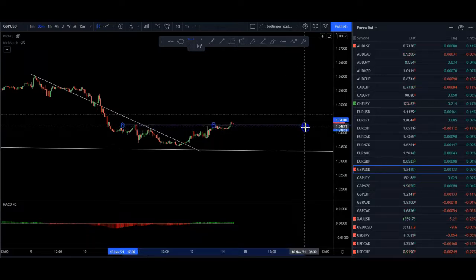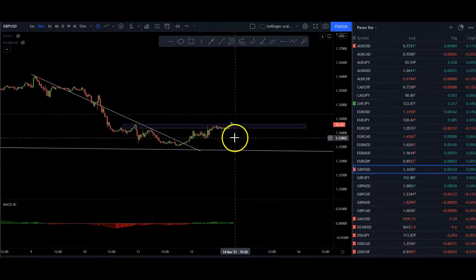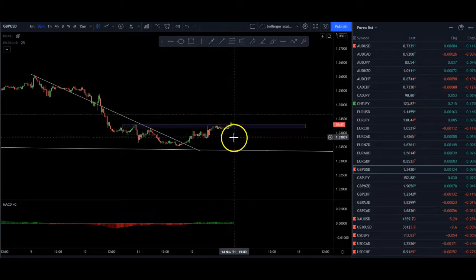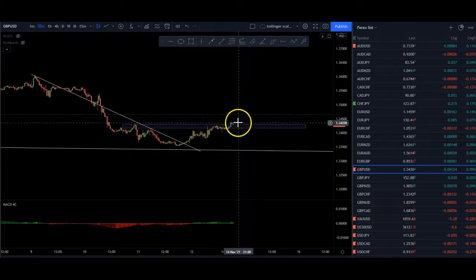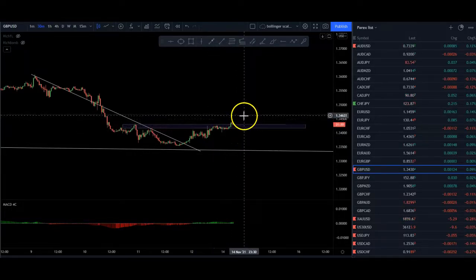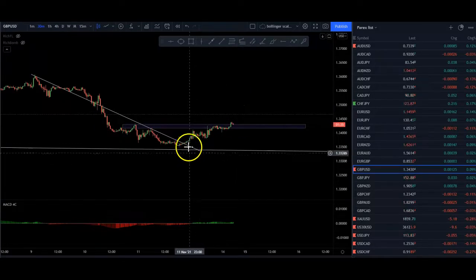Now the only problem with this is I'm expecting a strong candle breaking up. Like a strong momentum candle breaking up, solid, bigger candle, not smaller candles like this. And then closing above, then that will be a good entry with stop loss below the low over here.